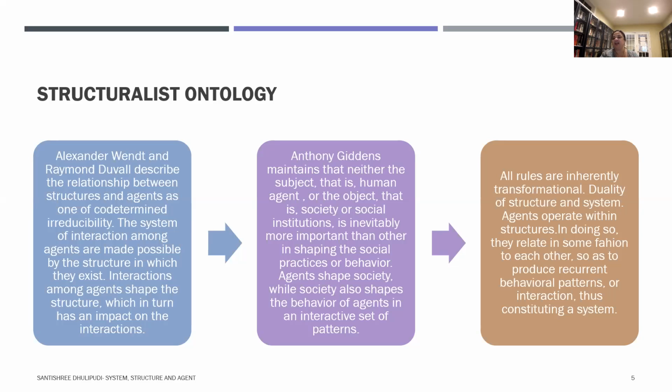All rules are inherently transformational. Duality of structure and system. For example, farm bills today are thought to be transformational, taking or giving freedom of choice to the farmer, which is something that many of our agricultural unions have been asking for, especially the Shetkari Sanghatana in Maharashtra, which was led by the legendary Sharad Joshi.